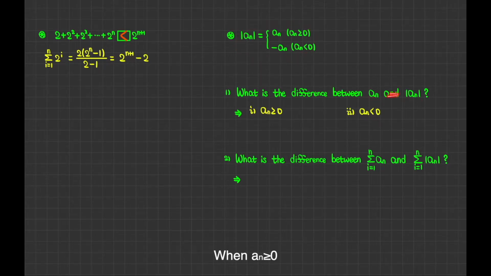They're just equal when this is satisfied, right? Because the absolute value of an is equal to an when this is the premise. So basically, I'm going to subtract the absolute value and the regular one. There is no difference. When it's negative, it's going to be a bit different because you're basically putting a negative sign on it.